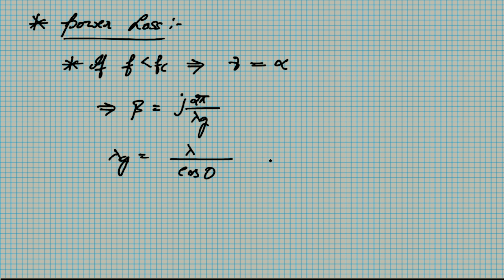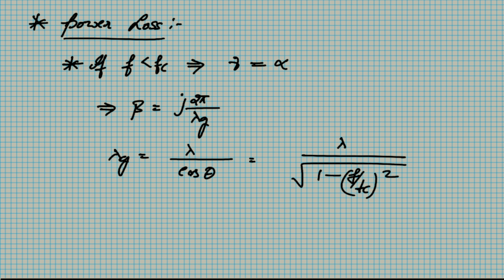This is one of the equations we are taking from the basics of wave propagation. This can be written as lambda divided by, if you want to use lambda, the square root of 1 minus f by fc the whole square.